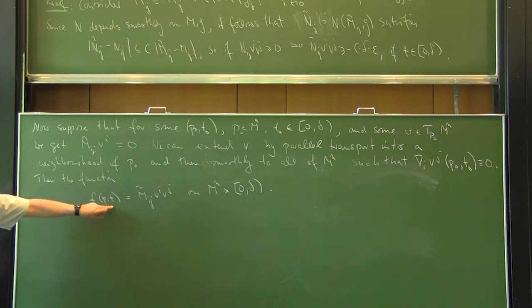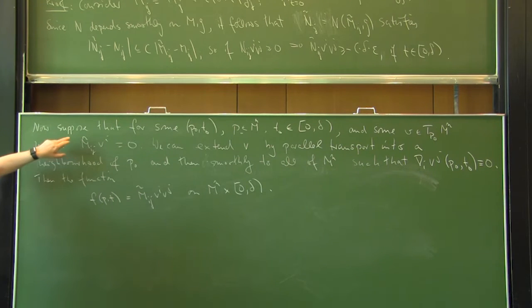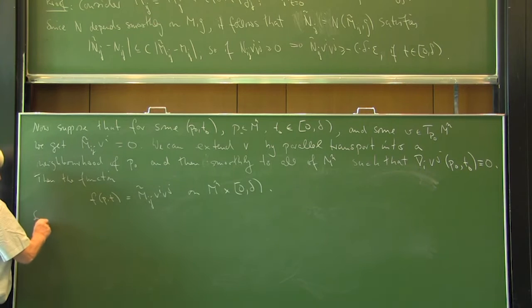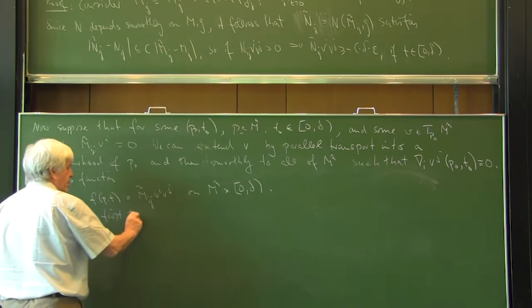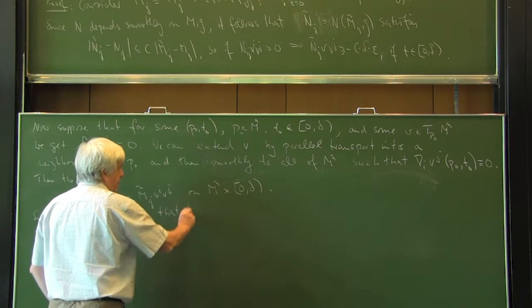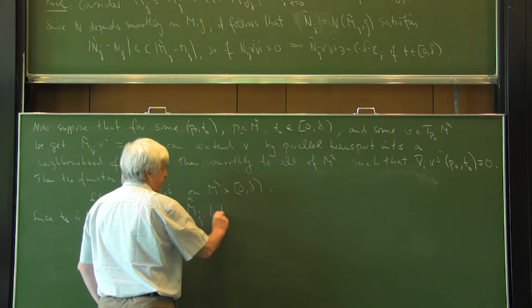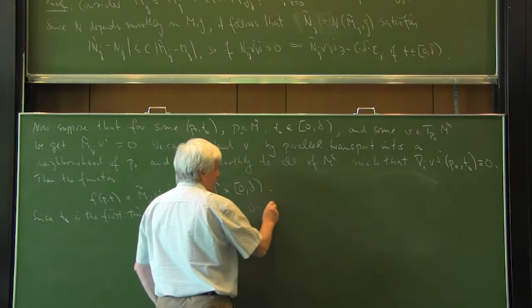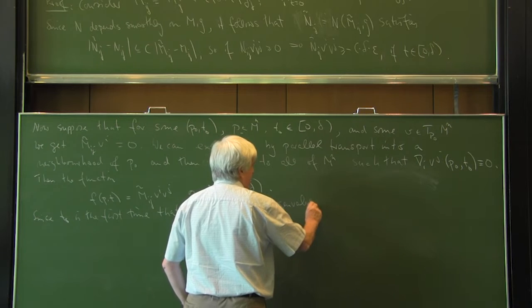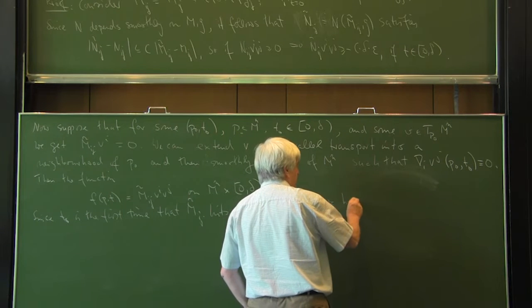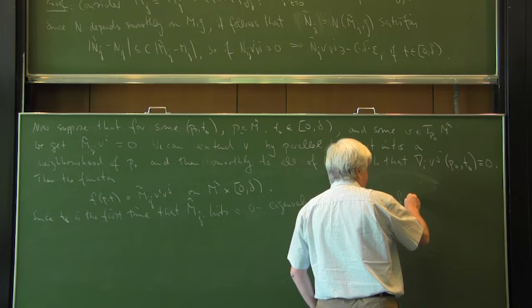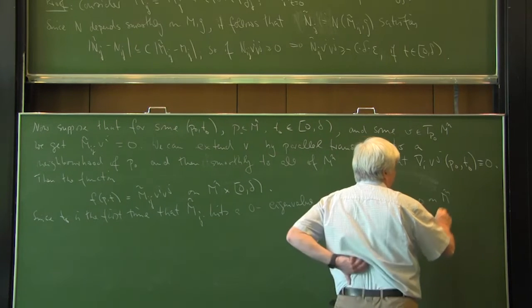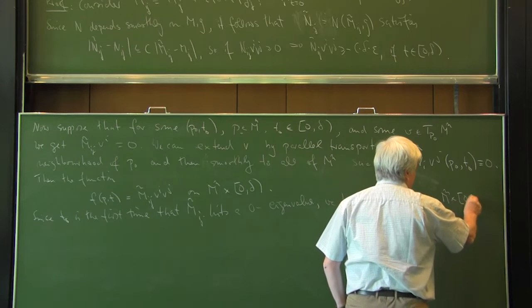Now this function, since T naught is the first time M tilde ij hits a 0 eigenvalue, we have that f is greater than 0 on M cross 0 up to T0.